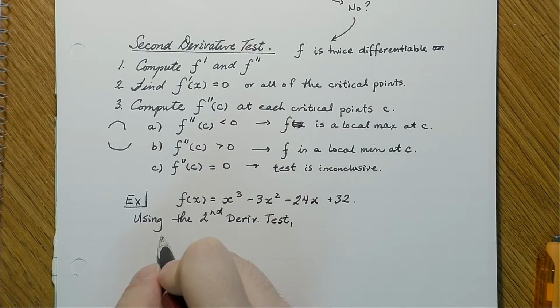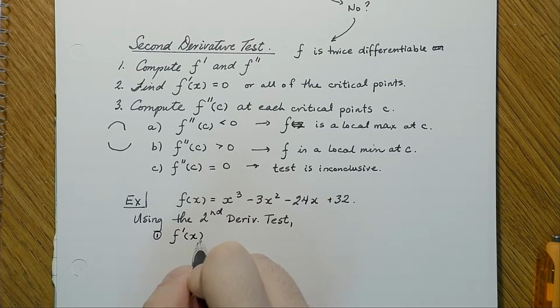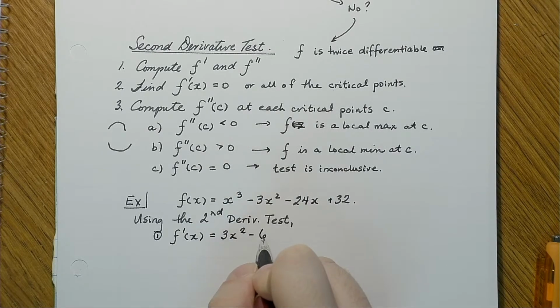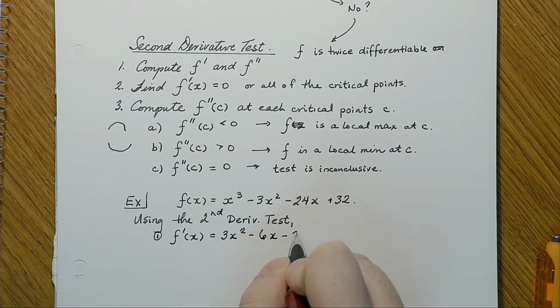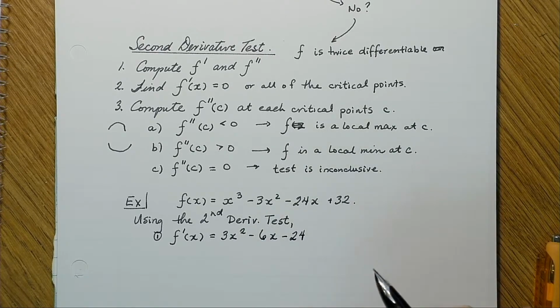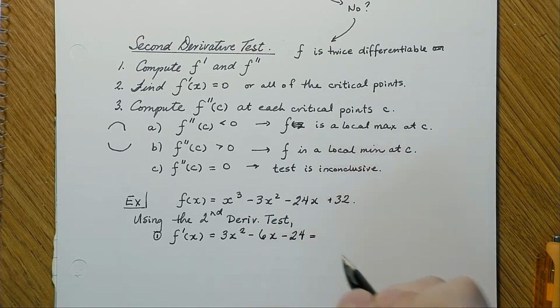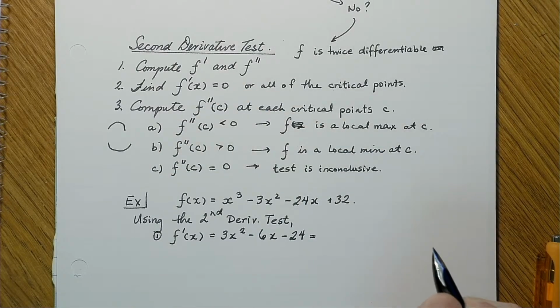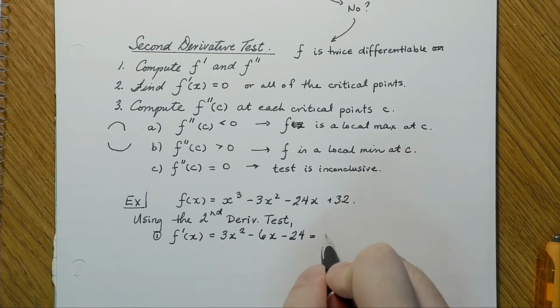The first one, find the first derivative, which is nice because this is a polynomial. Something nice and easy. We are going to have to find the critical values, so we should clean this up just a touch.